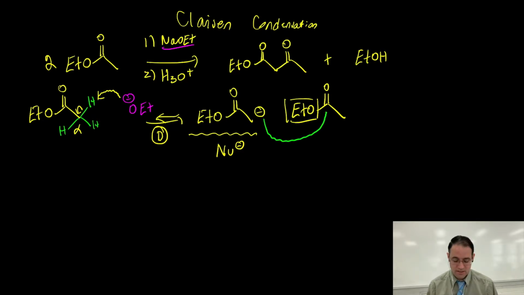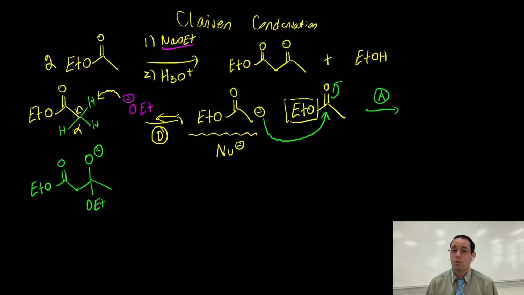Take the negative charge, attack the carbonyl carbon, okay, to give you the tetrahedral intermediate. The tetrahedral intermediate will collapse by expulsion of the ethoxide. So E is elimination, okay? All of these steps technically are still in equilibrium, okay?